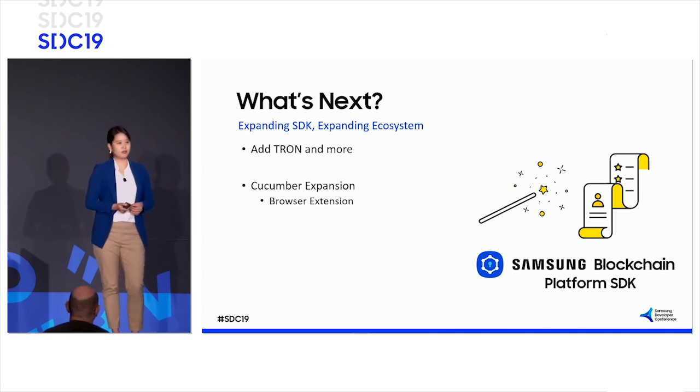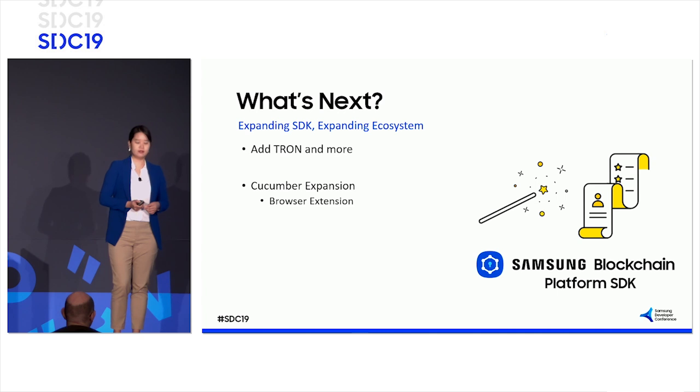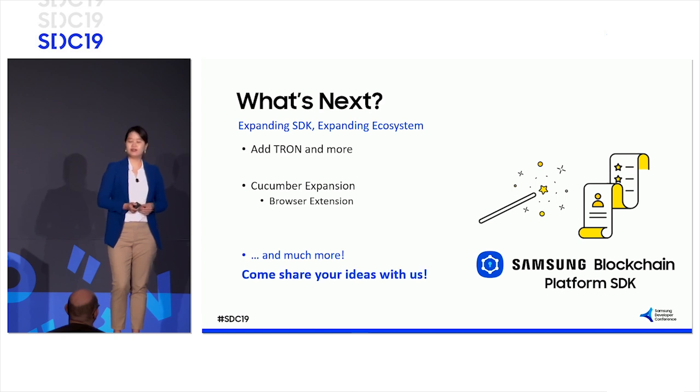We will also make a browser extension for Cucumber for signing transactions to allow web-based DApp purchases using the security and convenience of your phone. And there is more to come, and we would love your input. Please come share your ideas with us.